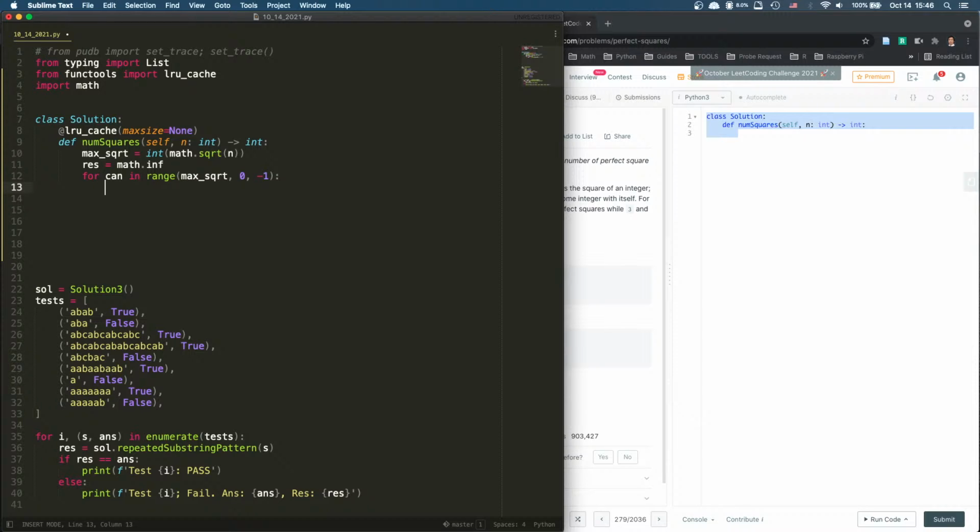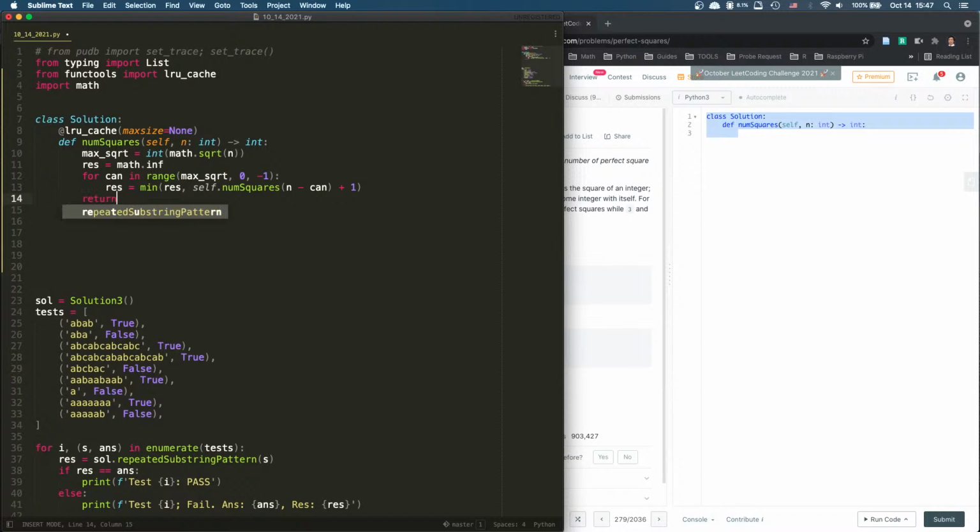So we're going to find num squares, right? So we're going to say res equals min res self.num squares n minus candidate. Yes, n minus candidate. And the +1 because I used candidate already. So res equals this, and then we go through everything and we return res.